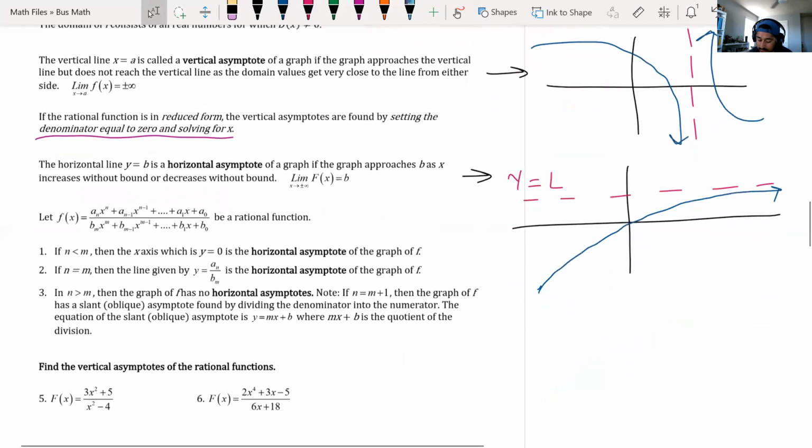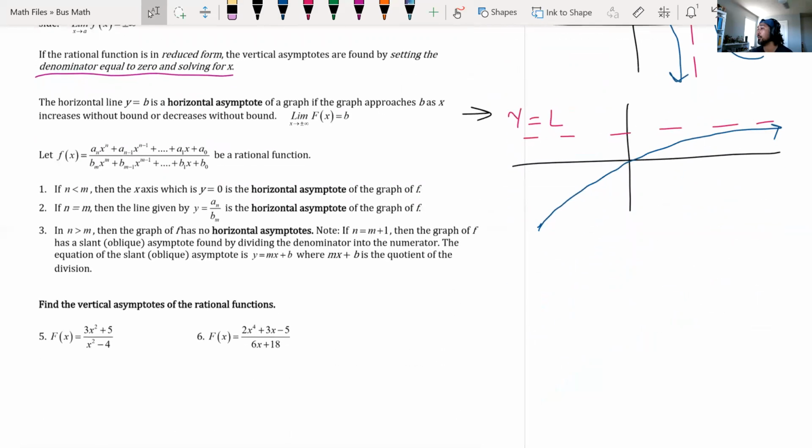Okay. So with horizontal asymptotes, we have a couple of rules. We have 3 rules to find a horizontal asymptote. Rule number 1 says that if the degree of the numerator is smaller than the degree of the denominator, then y equals 0, which is also known as the x-axis, will be the horizontal asymptote of your graph. So like I said, I'll draw examples of these. Let's say I had a function that was x plus 1 over x squared minus 2.